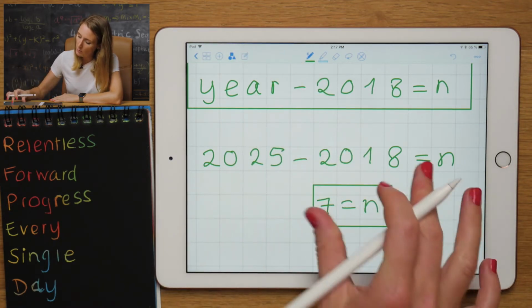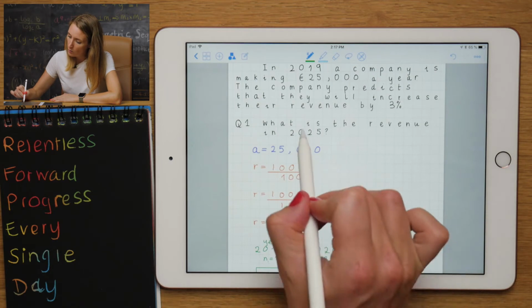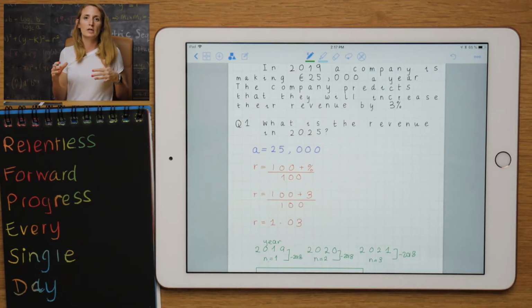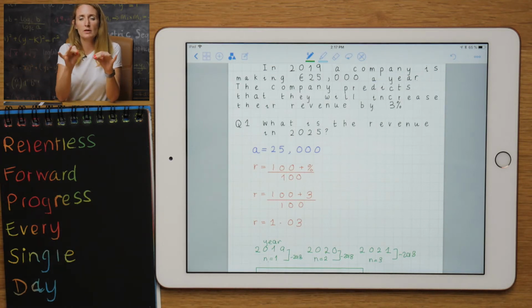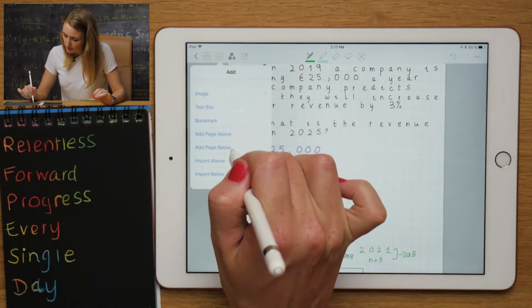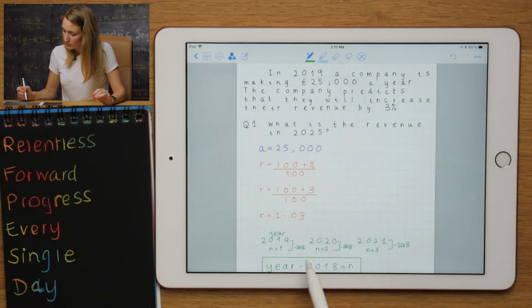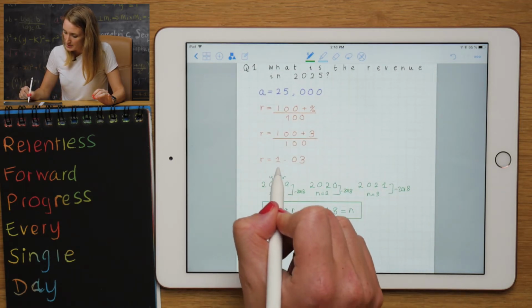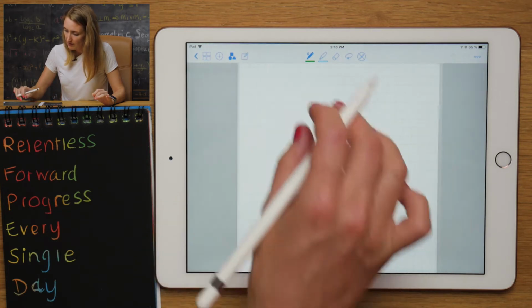What we're looking for is what is the revenue in 2025. They're not talking about the total revenue or how much have they made altogether. No. That would be sum. They're talking about how much have they made in one specific year. So we're looking for our U formula. So for the revenue in 2025, we would have n is 7, R is 1.03, and A is 25,000.